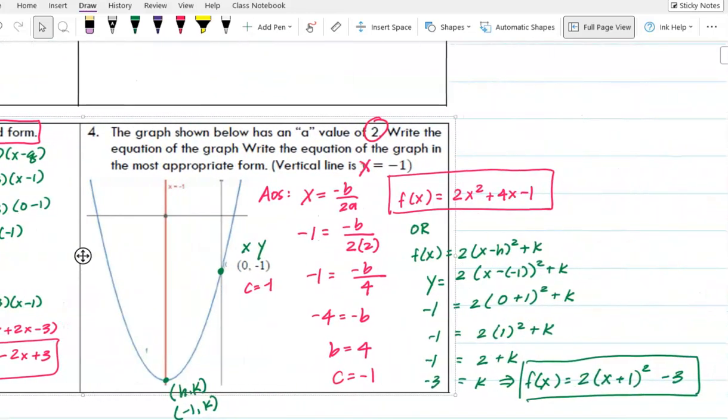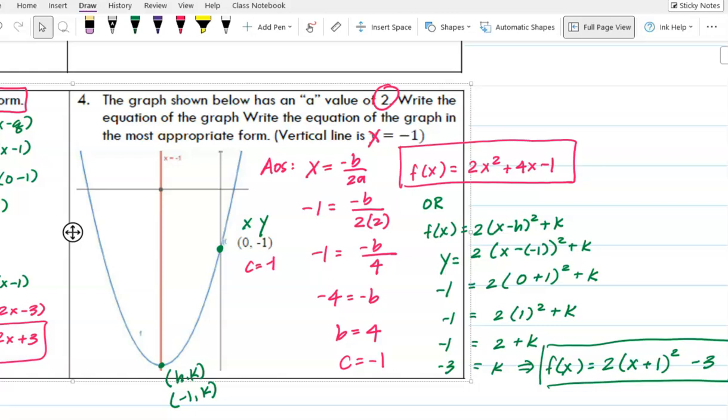Number 4 is so much fun for me, maybe not for you. Number 4, I did it 2 different ways. I first put it in standard form. I put it in standard form because I utilized the axis of symmetry formula, and I gave you the a value. I thought to myself, okay, I have the c value because c is the y-intercept, and the a value is given.